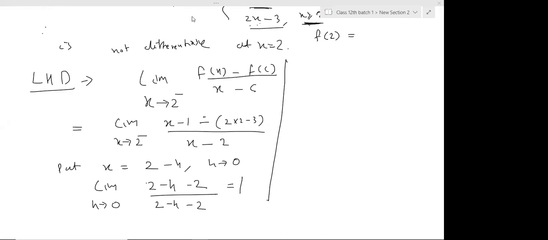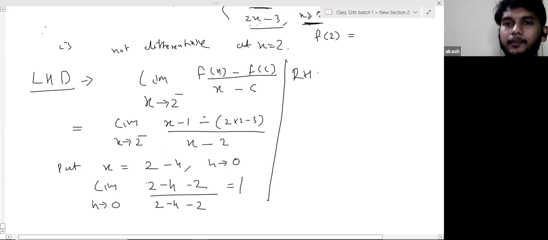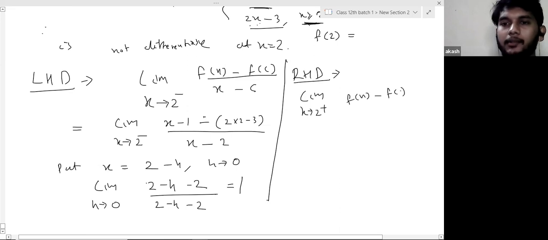All right. So RHT will be limit x tending to 2 plus, f of x minus f of c upon x minus c. For x tending to 2 plus, f of x will be 2x minus 3, and this, as we have already seen, minus 1 upon x minus 1.